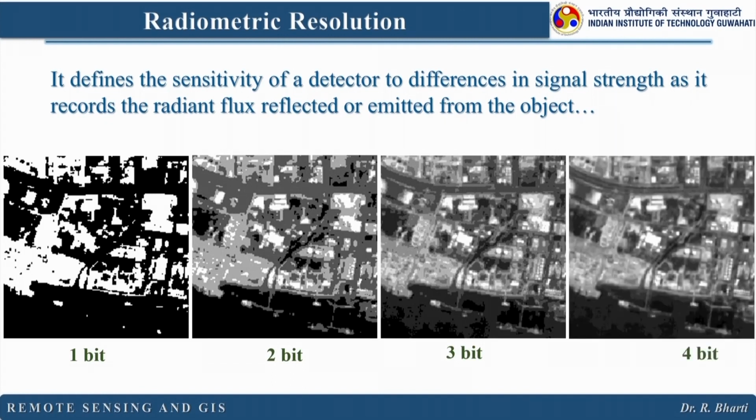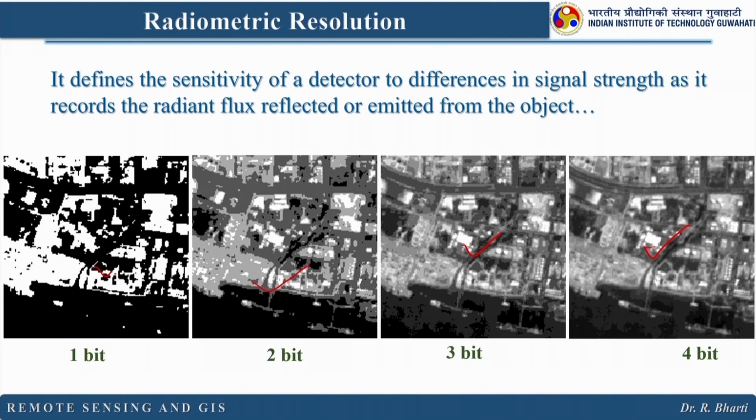The incoming radiation was differentiated into two levels, but in case of 2 bit data you have 2 to the power 2 range. In case of 3 bit you have 2 to the power 3 range. In case of 4 bit you have 2 to the power 4 range.